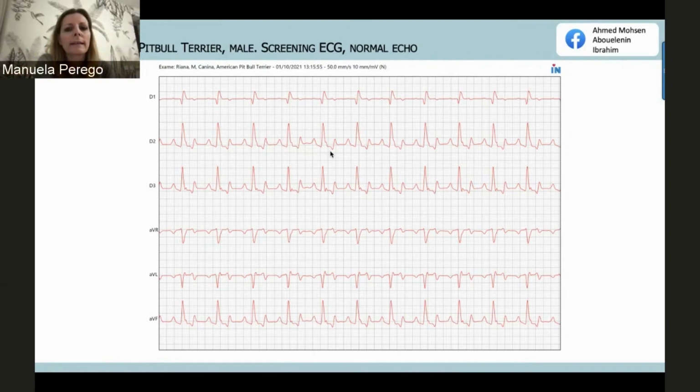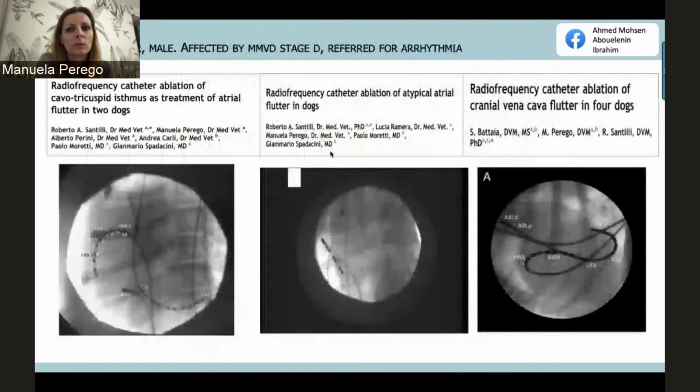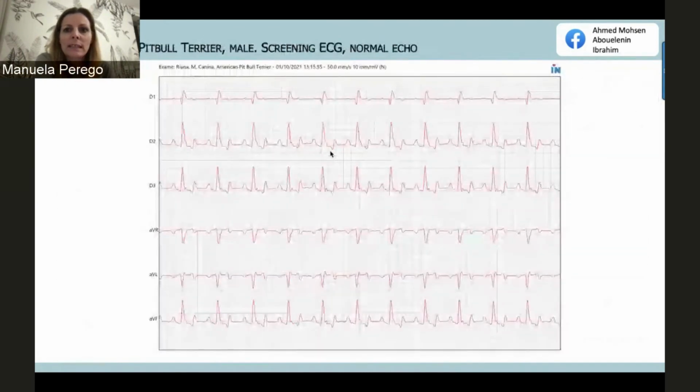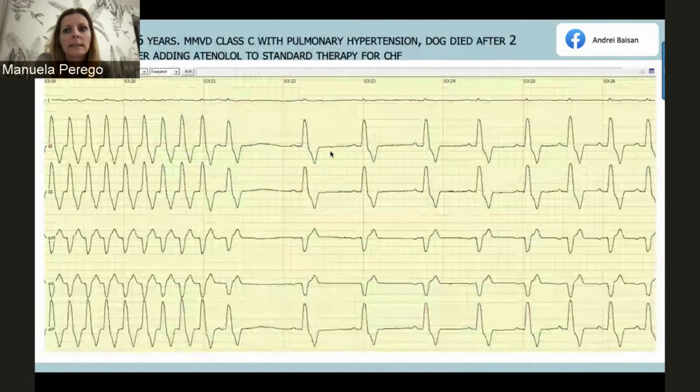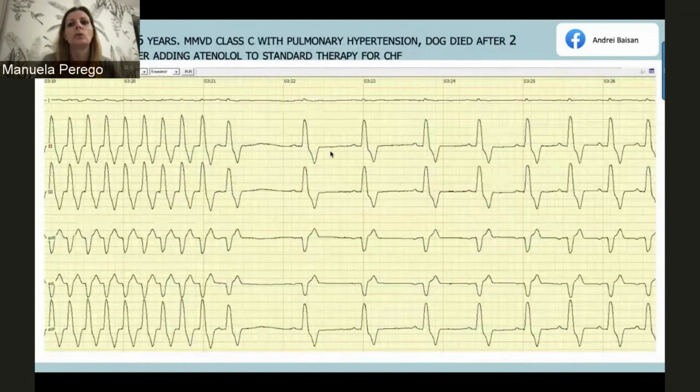Okay, thank you. Can we move for a second to the second case, ECG2, because Andrei Baisan is asking, instead of beta blockers, is there any other antiarrhythmic treatment that could be used to reduce the SVT runs?